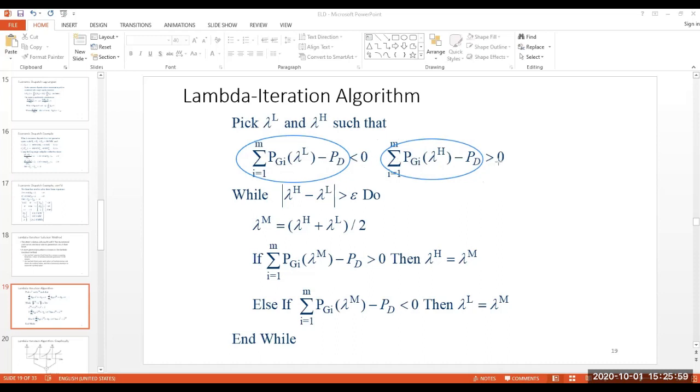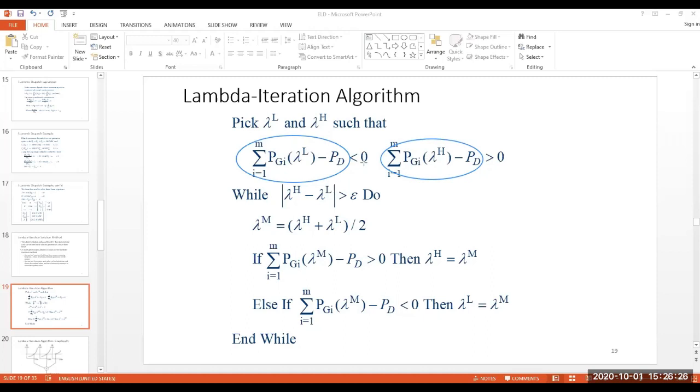So what is my target? My target in the next few steps would be to go through some iterative algorithm and try to minimize the gap between lambda L and lambda H. Are you getting my points? My target is to converge these lambda L and lambda H to such a point where this error becomes exactly zero or very negligible.